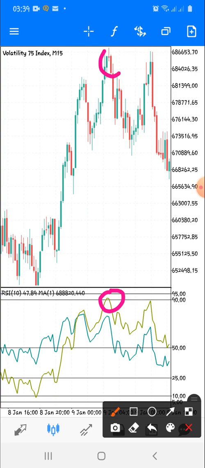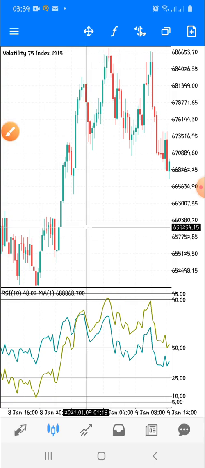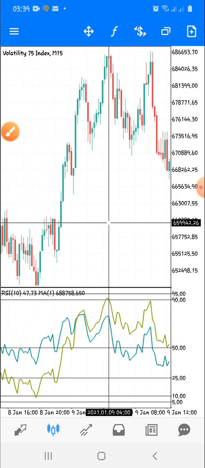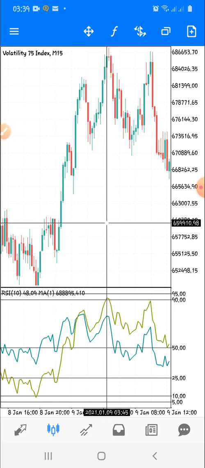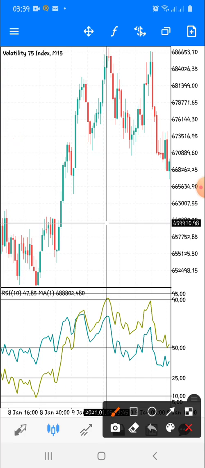I can also use the pointer to show you the accuracy of this moving average. These settings, it took me so long to get these settings. You see here, the same level, when the moving average is at 90 or 95, you sell.